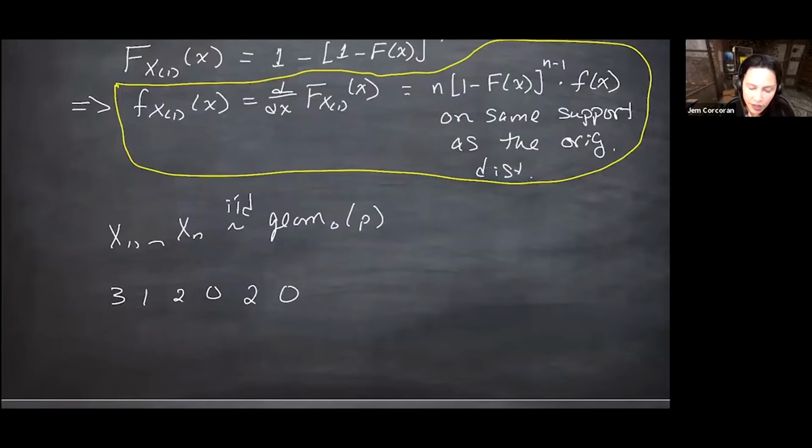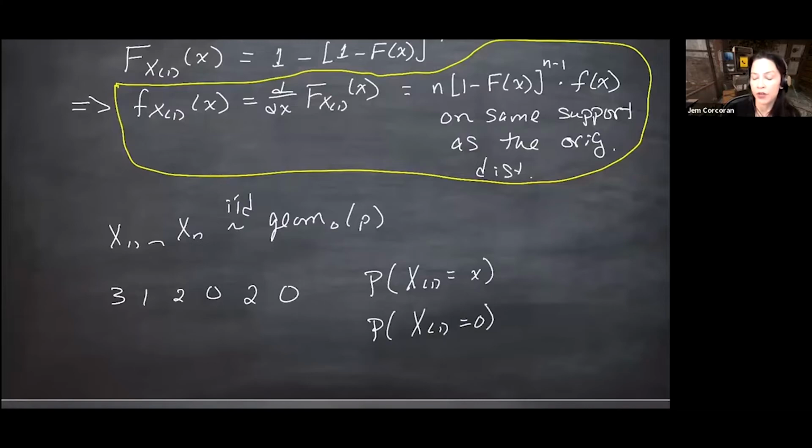And so the probability that the minimum is equal to some x, if you look specifically at the probability that x, the minimum, is equal to 0, it's going to be a big sort of sum of things. It's going to be the probability you saw exactly 1 zero in there, or maybe 2 zeros in there, or also 3 zeros. You have to add all those up.